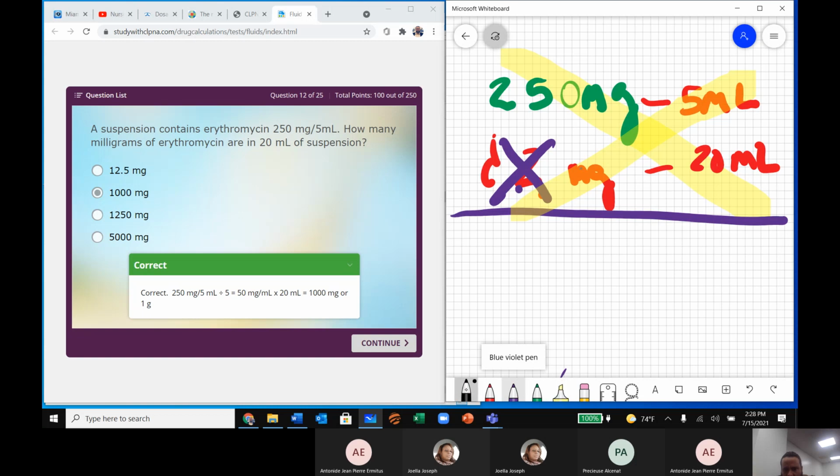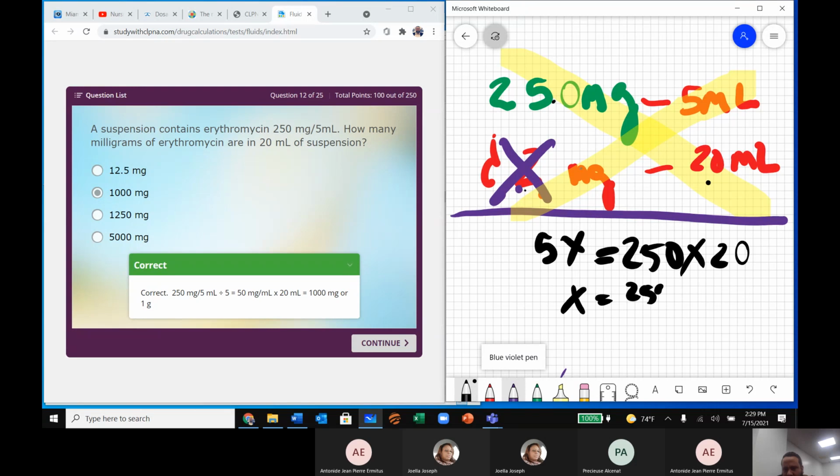X times 5 is 5X, and then 250 times 20, and then X is equal to 250 times 20 over 5. Finally, the solution for this one is 1,000 milligrams.